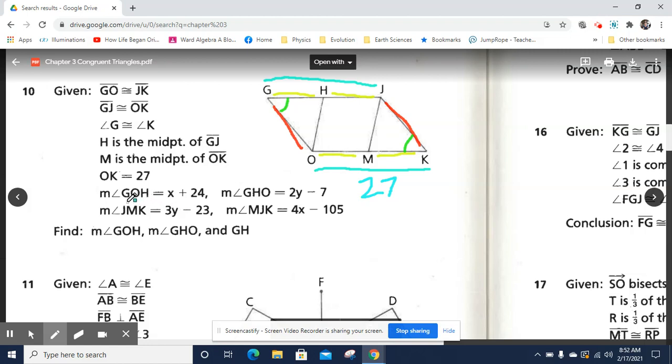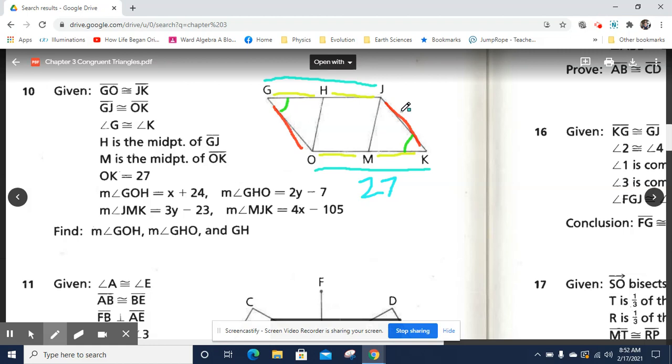We know the measure. Okay, so let's start thinking about what we know. Well, we know this side is congruent to this side. We know this angle is congruent to this angle, and we know this side is congruent to this side.